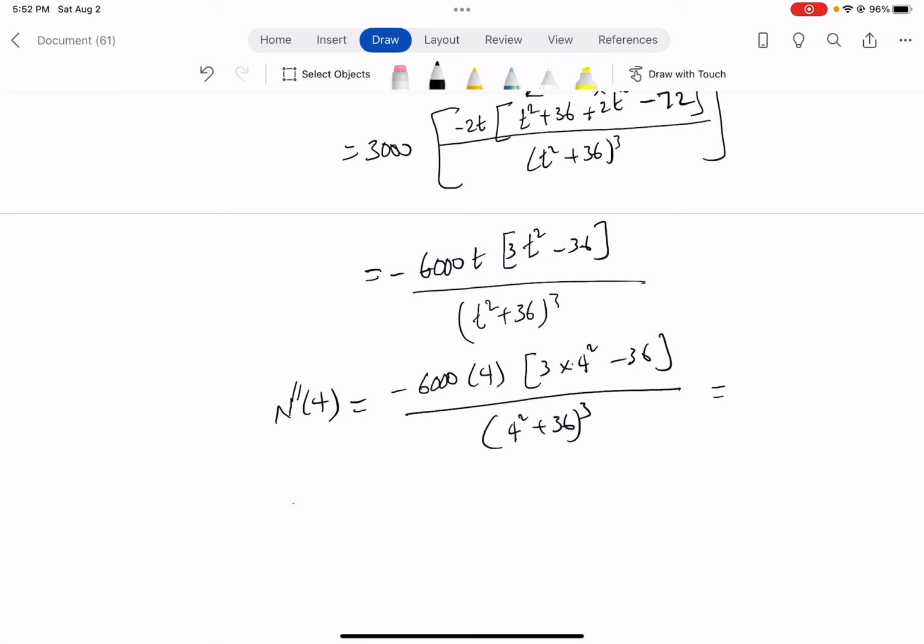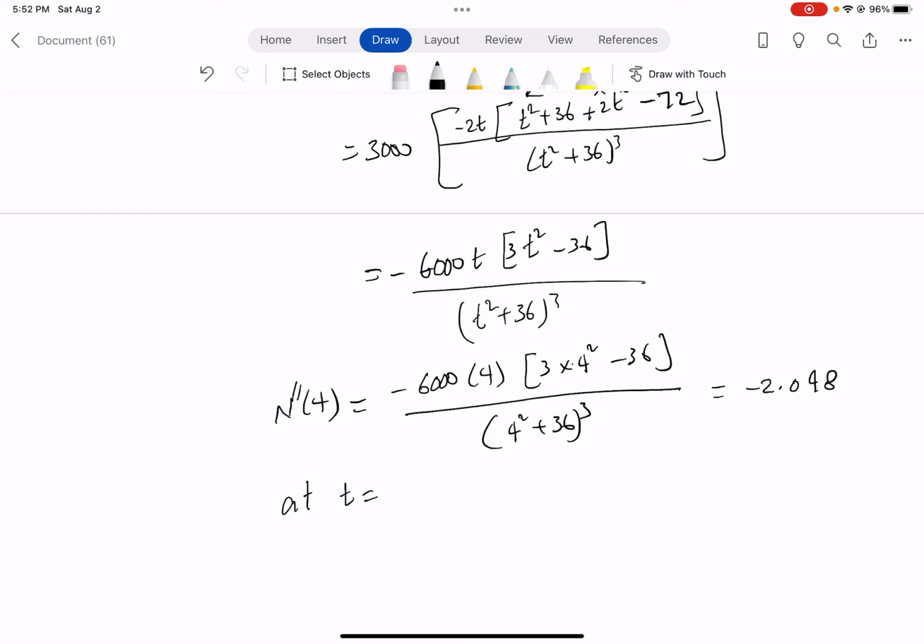So at time, this is 3,000 times minus 96, and that's going to give you minus 2.048.